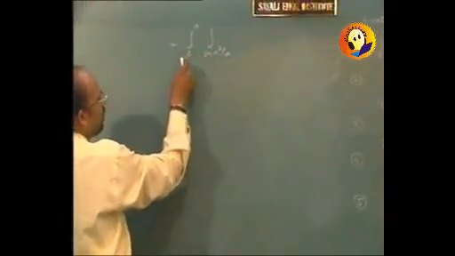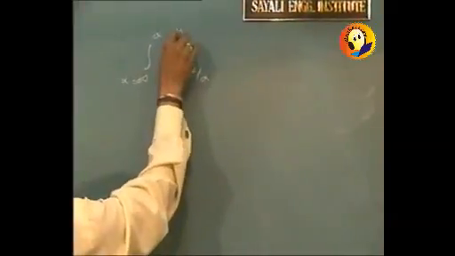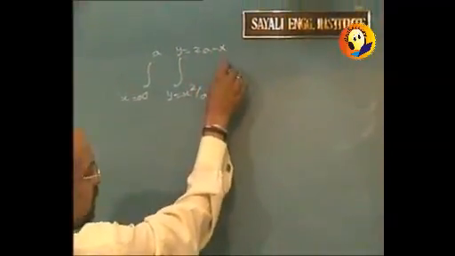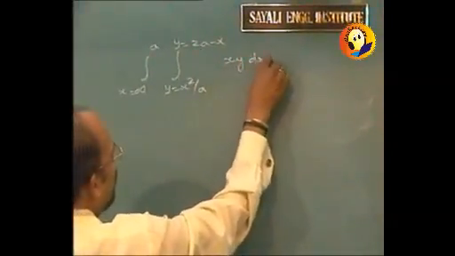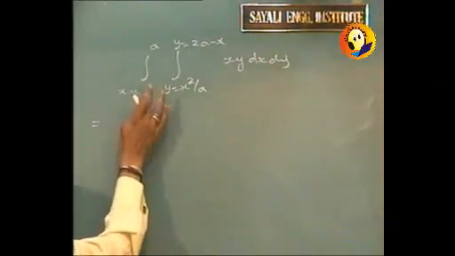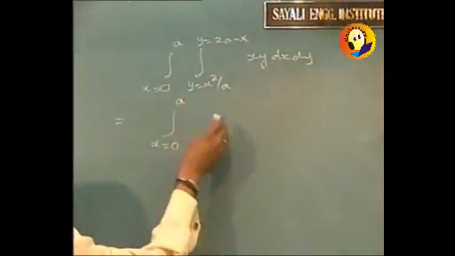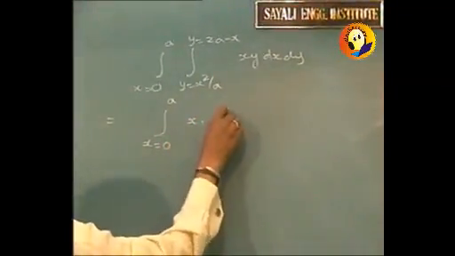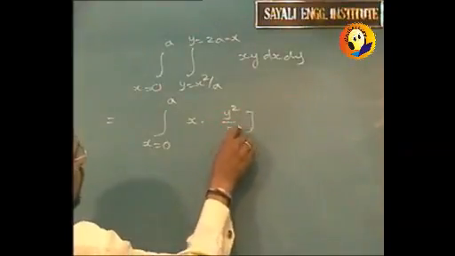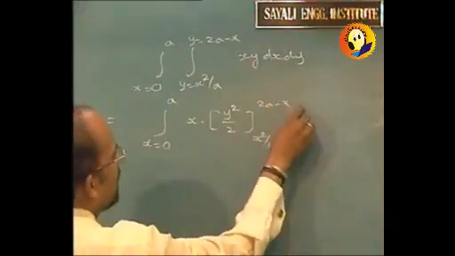It is x equal to 0 to a, y equal to x square upon a, to y equal to 2a minus x, it is xy dx dy. Integrated as it is, we have x equal to 0 to a, x as it is, integration of y is y square by 2 between limits x square by a to 2a minus x dx.